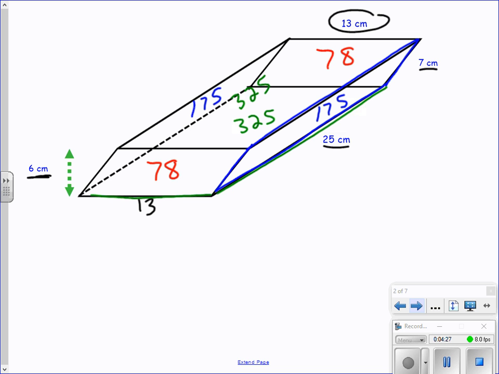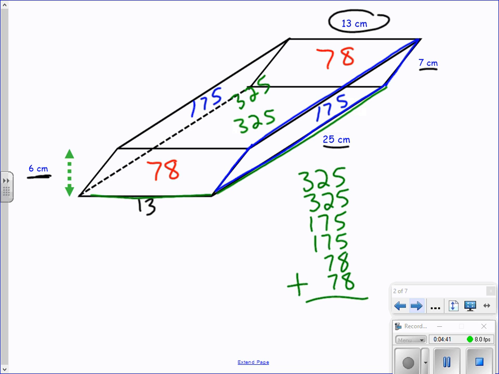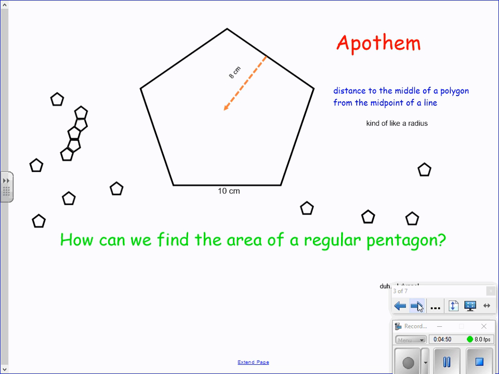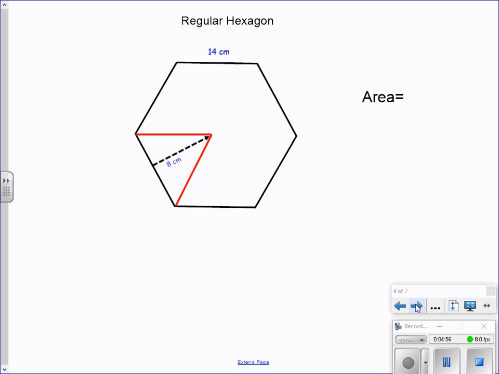So I would just add them all up: 325, 325, 175, 175. Those are the two sides, and the front and back are 78 and 78. Add them all up, and you're going to get the total of this parallelogram prism. Again, I'm not going to add them all up because that's too painful for me. Let's just move on.